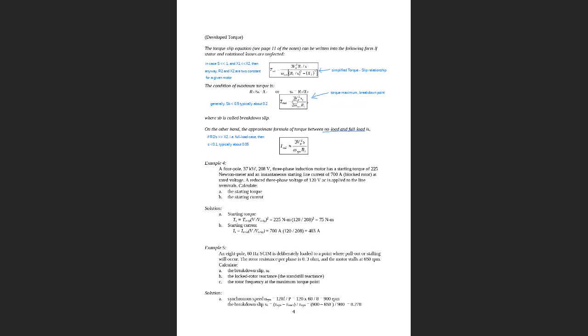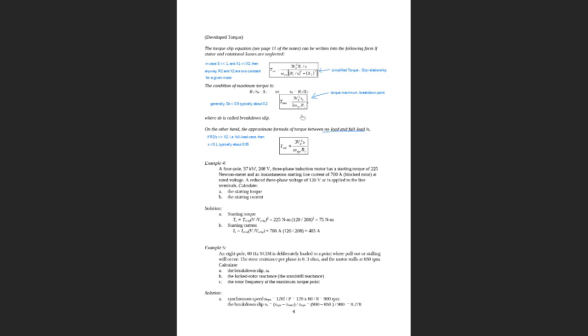But look here: 3 V phi squared over 2 times omega sync R2. But for the induced torque at full load, or anything smaller than full load, it is 3 V phi squared times slip S over omega sync R2, with no factor 2.